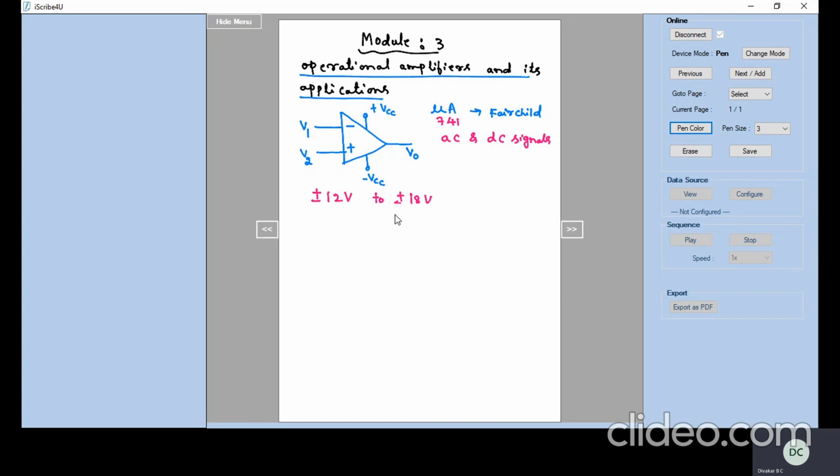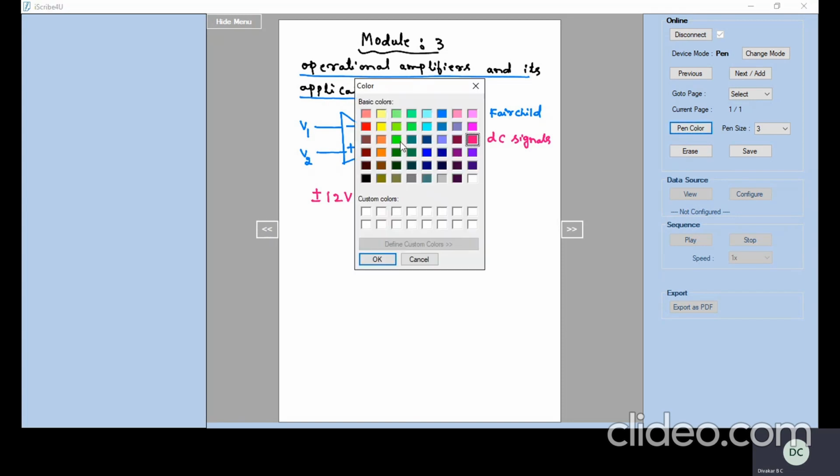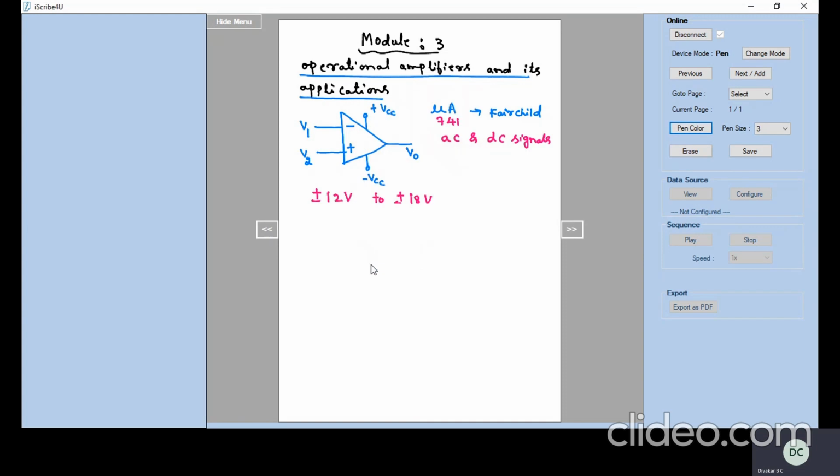It is called an operational amplifier because it is used to perform mathematical operations such as addition, subtraction, multiplication, division, differentiation, integration, etc. It consists of two input terminals.